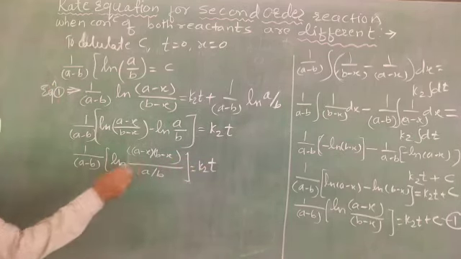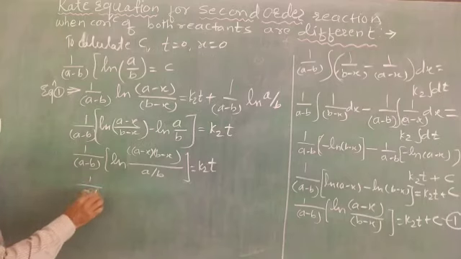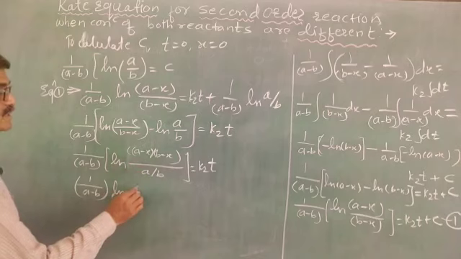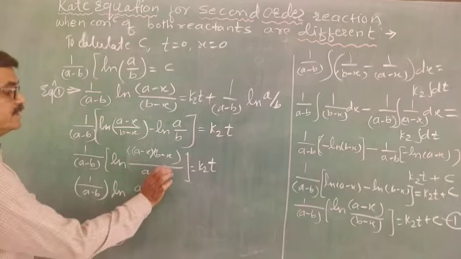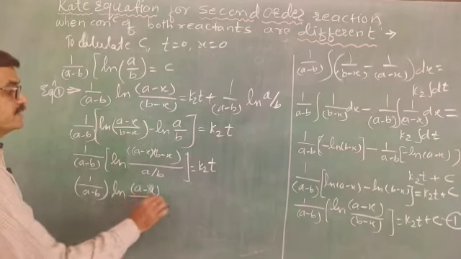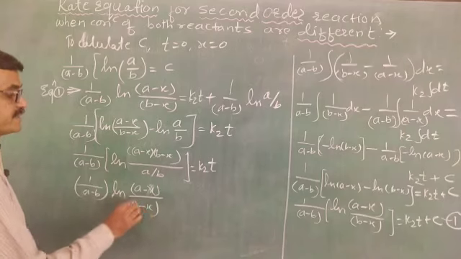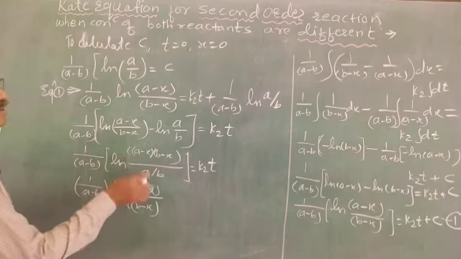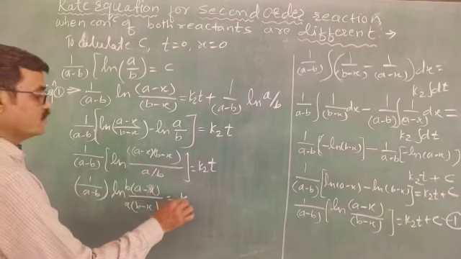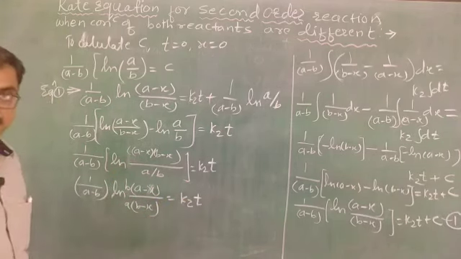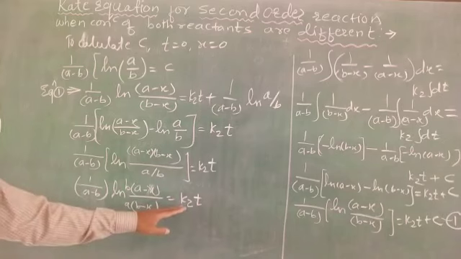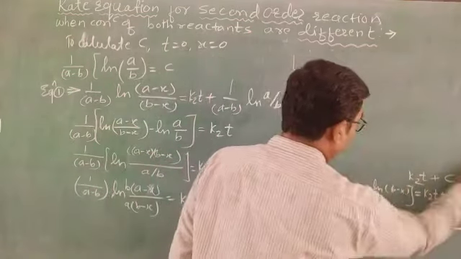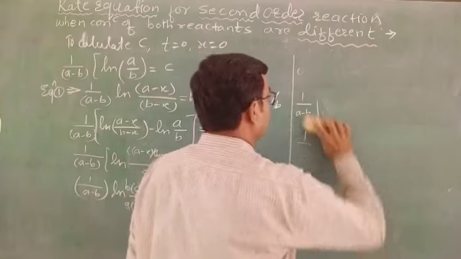Now after solving this, 1 upon a minus b into ln, this is a minus x, this is b minus x, and it will be opposite, b upon a, that is equal to k2 into t.